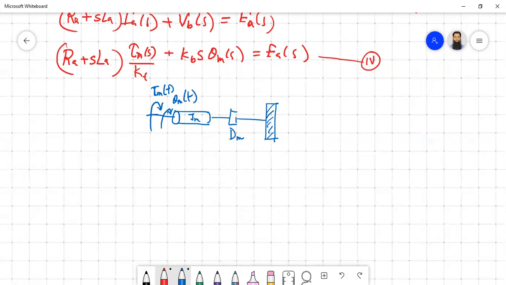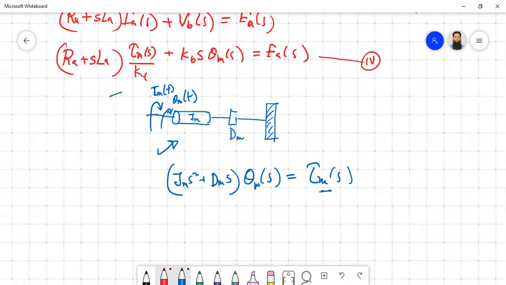Now we know how to write the equation in the Laplace domain: (Jm s^2 + Dm s) theta m(s) equals tau m(s). From this, you can easily replace the value of tau into the earlier equation.